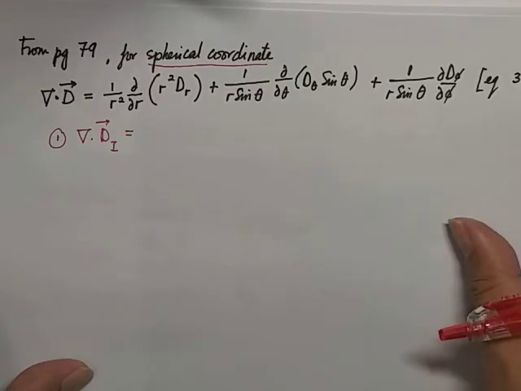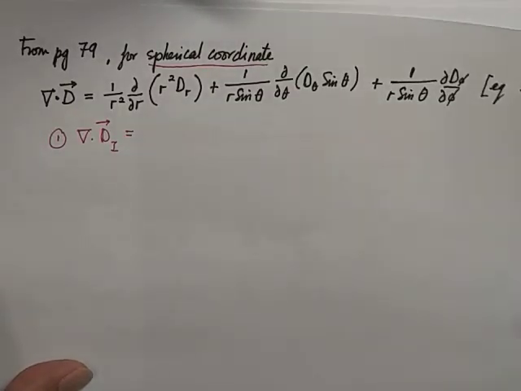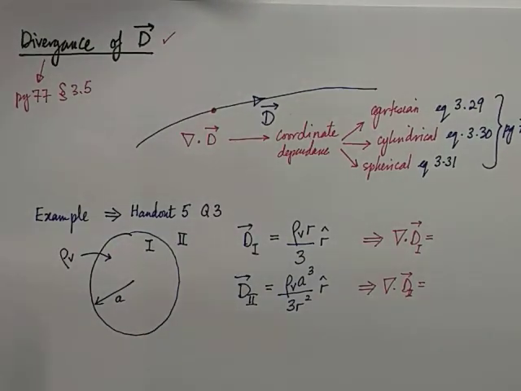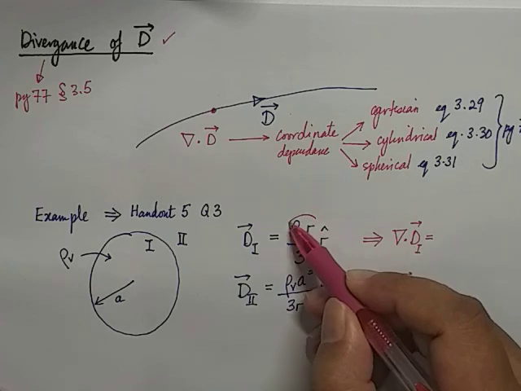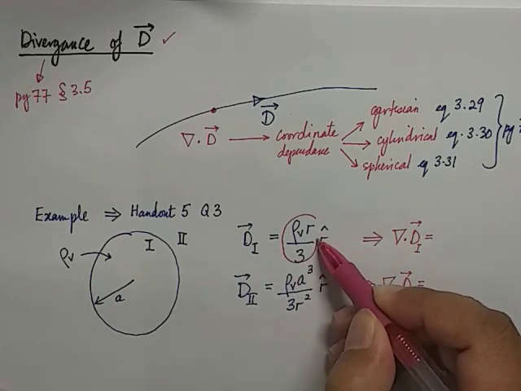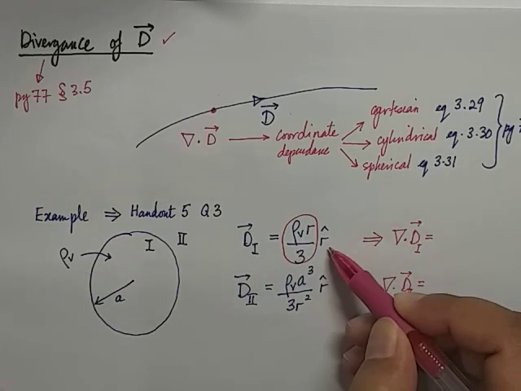What we have to do here is analyze the field. D1, as you can see in this representation, only consists of an r component.